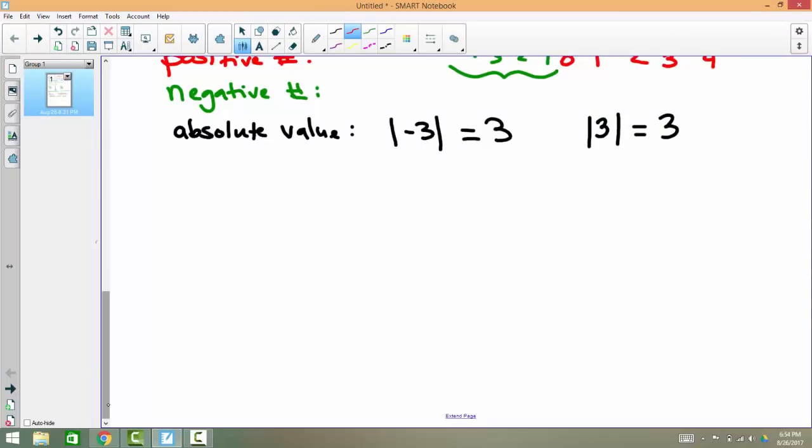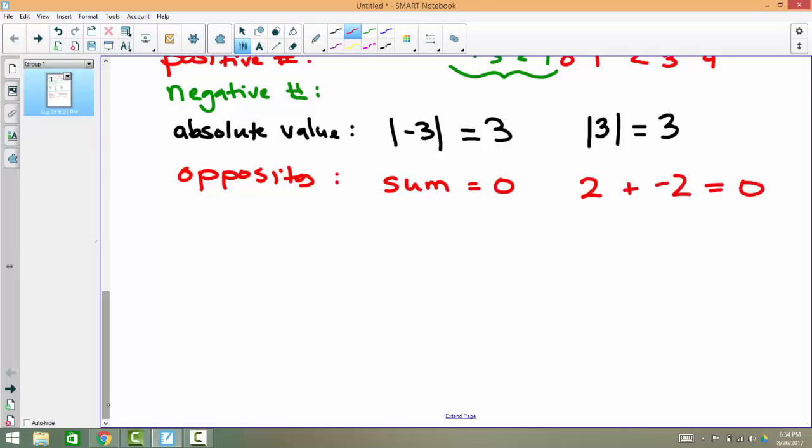The next word would be opposite. And that is just two numbers whose sum is 0. So 2's opposite would be -2. And 10's opposite would be -10.